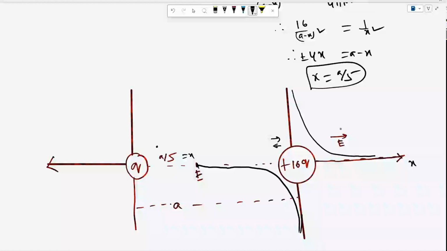So, electric field is 0 here. So, the graph will be like this. Is that clear? So, what is happening there? Electric field is 0 at a distance a by 5. Before that, it lies in first quadrant. After that, it goes there. This is third quadrant. This is first quadrant for Q.